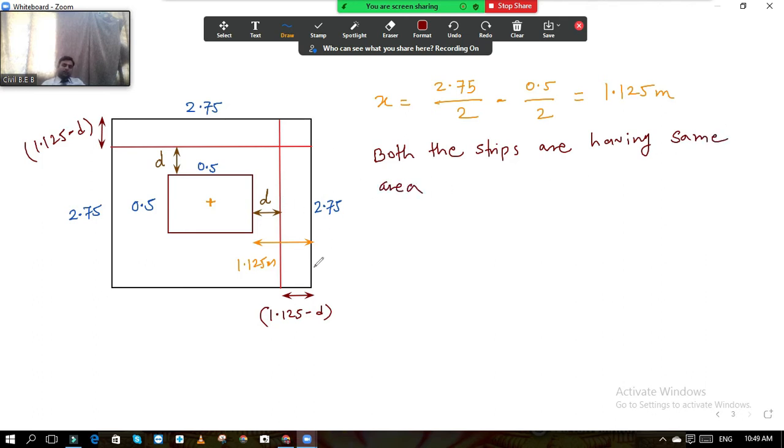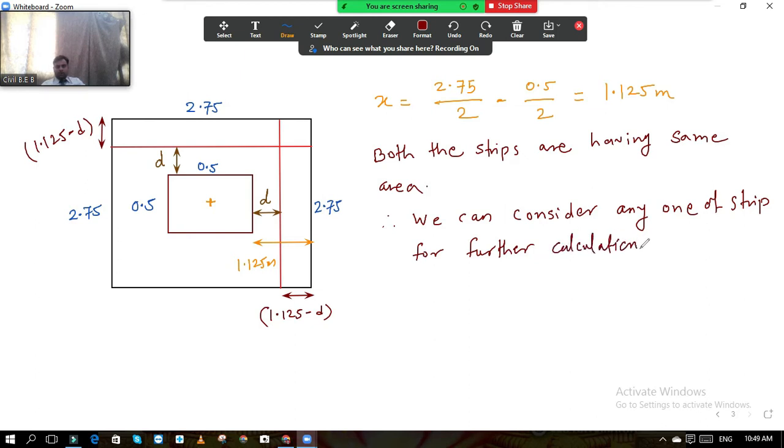If you see this vertical strip, its area is 2.75 into 1.125 minus d. If you see this horizontal strip, its area is also the same, 2.75 into 1.125 minus d. So both the strips are having the same area. Therefore we can consider any one strip for further calculations.